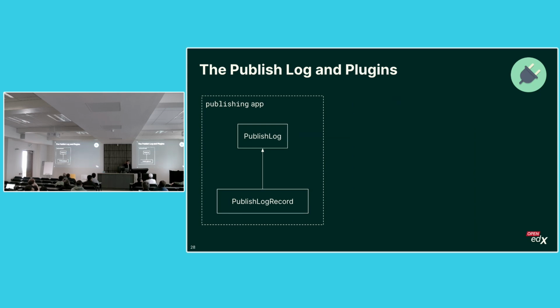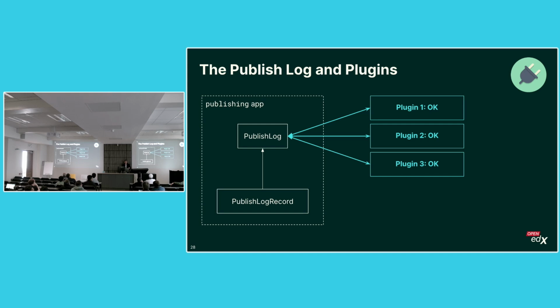And the nice thing about Django introspection is that we'll actually be able to see what all the models hanging off of publish log are. So it'll give an ability for us to determine, from the system's point of view, what are all the plugins that are supposed to have a row entry for this, but haven't reported in yet.